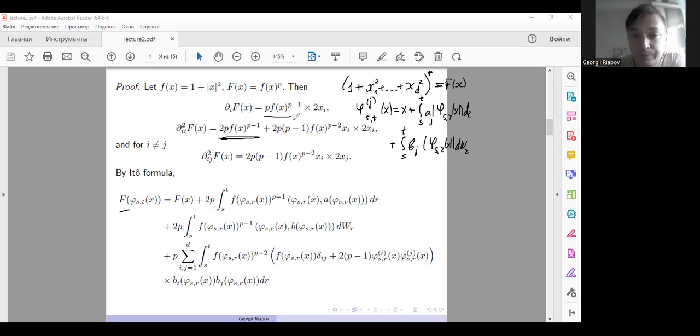And again, when we differentiate this f of x, we get 2p(p minus 1) f of x to the power p minus 2 and 2x_i squared. When i is not equal to j, we just don't have this summand, and we get an expression of this form.